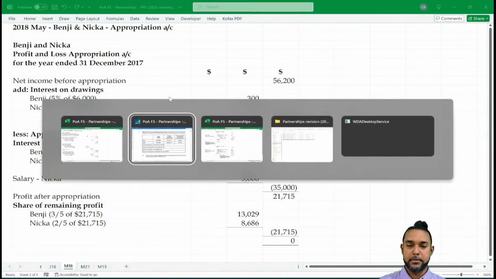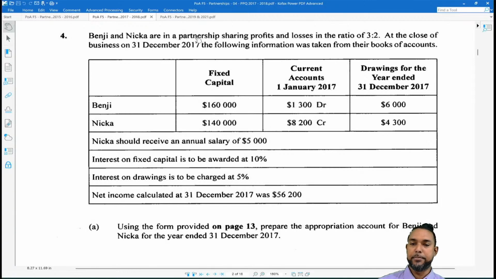All right, so Benji and Nika are in partnership, sharing profits and losses in the ratio 3:2 at the close of business on 31st December 2017. The following information was taken from their books of accounts.